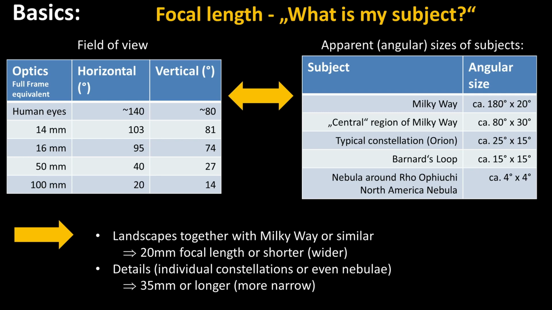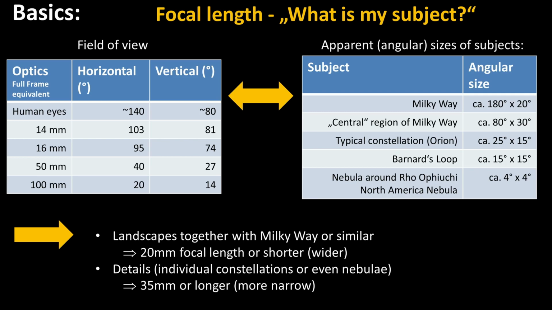And you just have to think about what picture you want to take, what is the subject that you want to capture. For example, if you want to capture the Milky Way as it is spanning from horizon to horizon, that means you have 180 degrees by, let's say, 20 degrees, which is about how broad the Milky Way is, then you can consider what kind of equipment or which focal length you use.